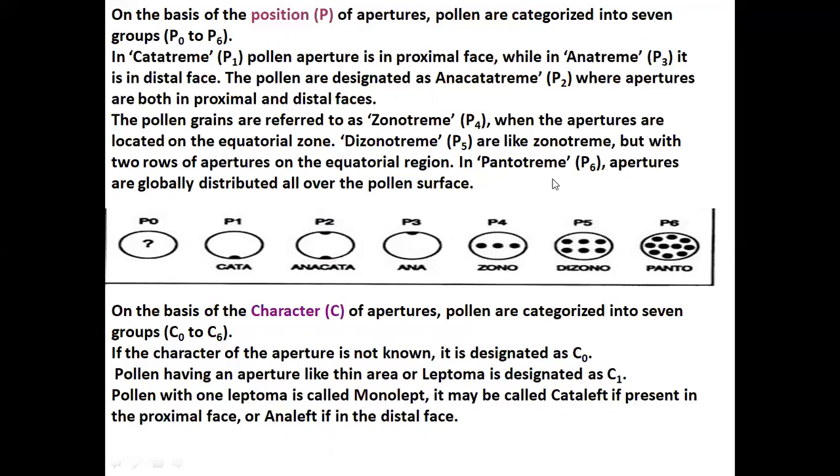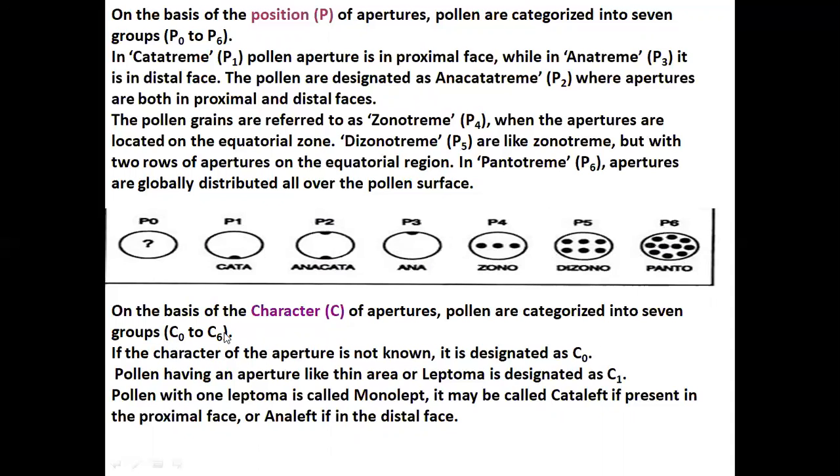In pantotreme, that is P6, apertures are globally distributed all over the pollen surface. That is called pantoporate or pantotreme. Dizonotreme, zonotreme, anatreme, anacatatreme, catatreme.